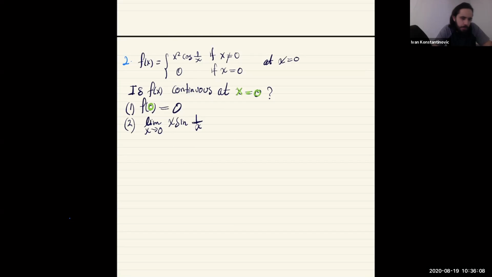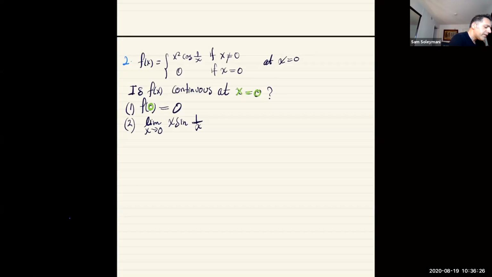Professor, in the first equation with the cosine, f of 0 is 0, I mean, it can be 0, right? Because of 1 over x. Okay, so cosine of 1 over x. Yes, you're right. Oh, is that a cosine? Sorry, I wrote sine for some reason. Give me a second, let me fix that.